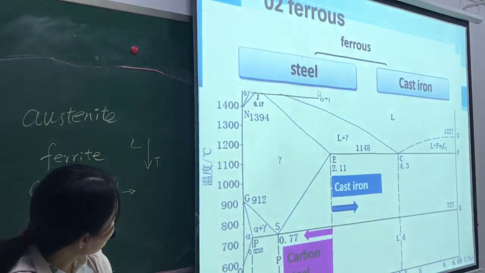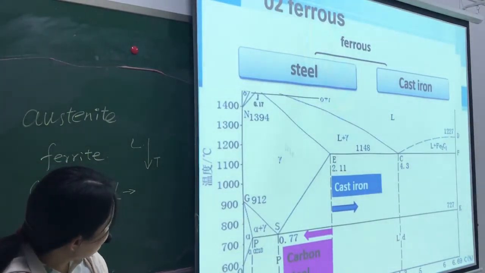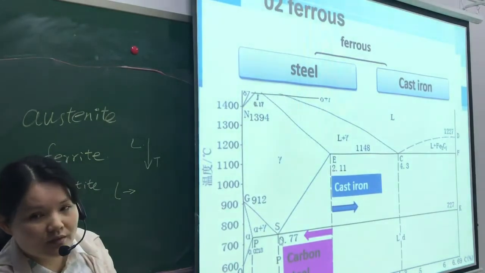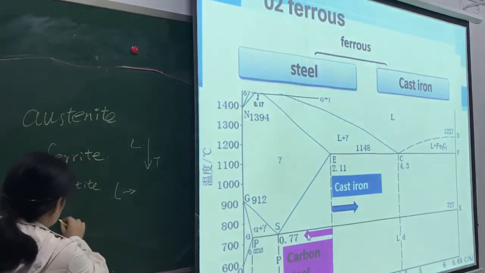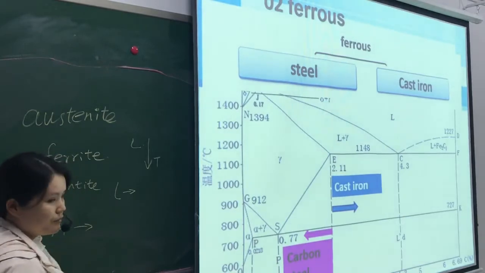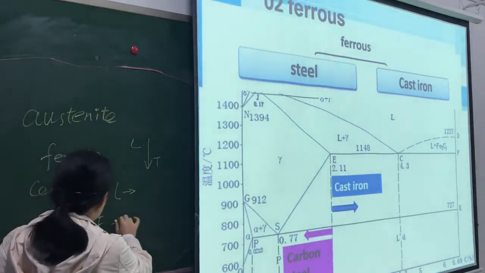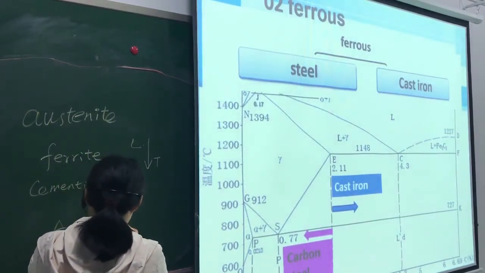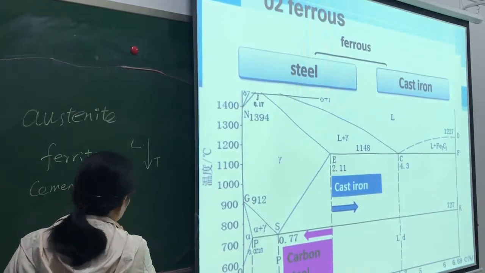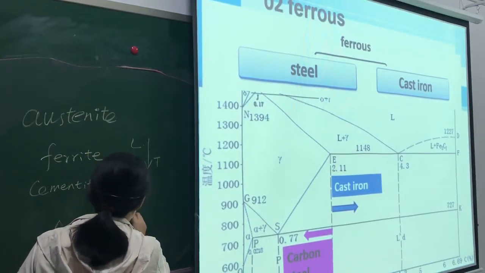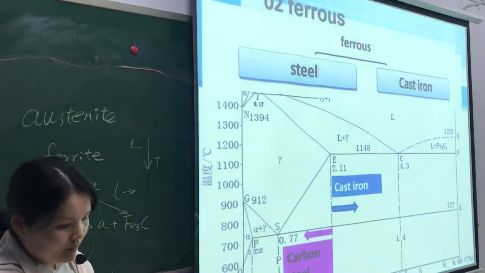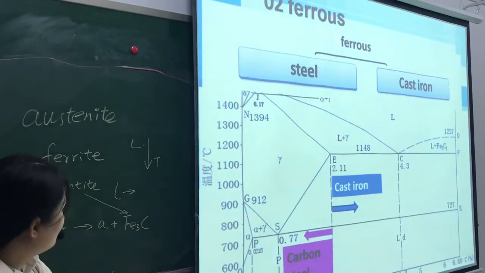With further temperature decrease, at this point there is a reaction. The austenite transforms to ferrite and cementite.